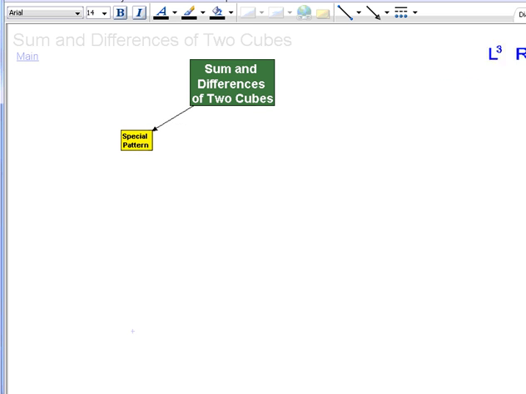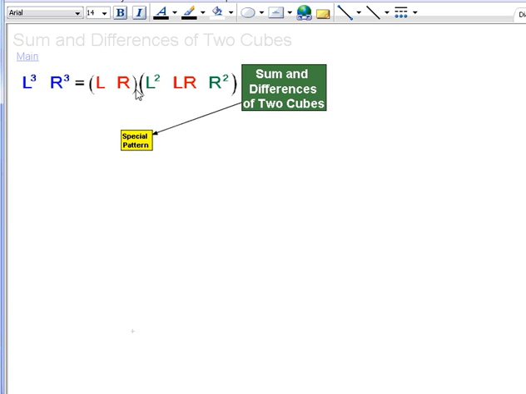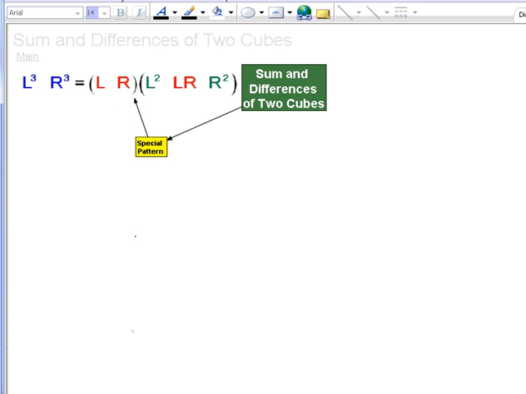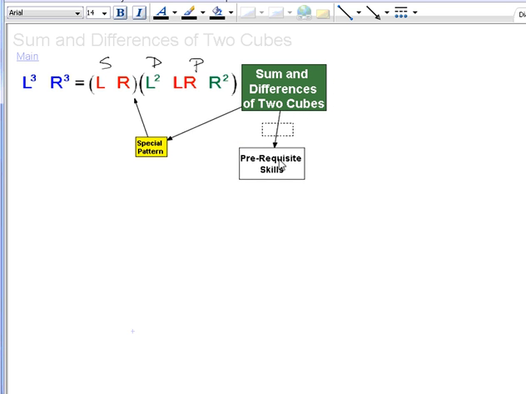Okay, that special pattern is given by L cubed, R cubed being factored into the product of LR, L squared, LR, R squared, and then just keeping in mind that you do have to apply the same different positive rule for these signs.